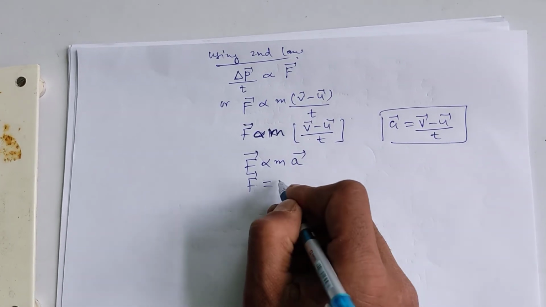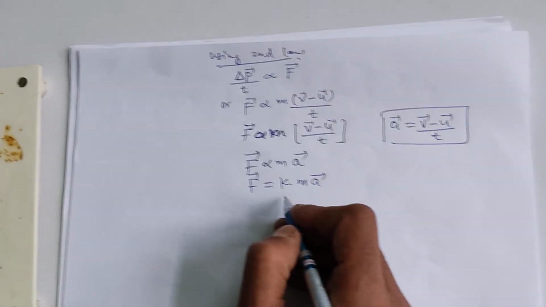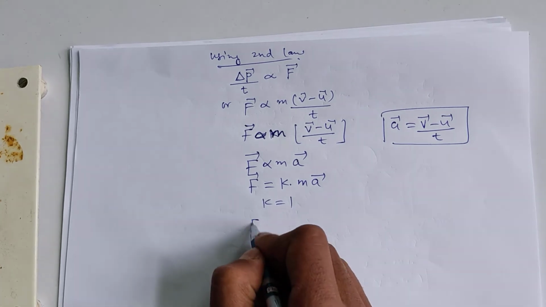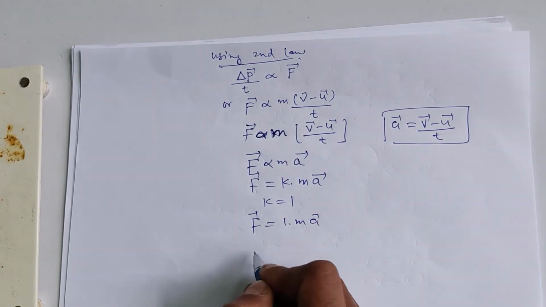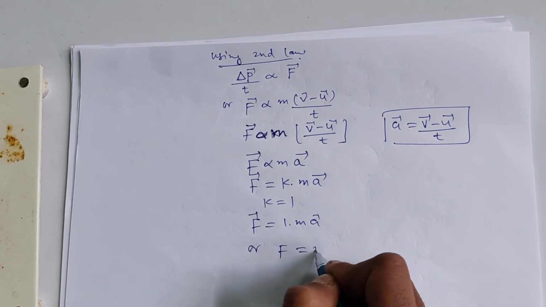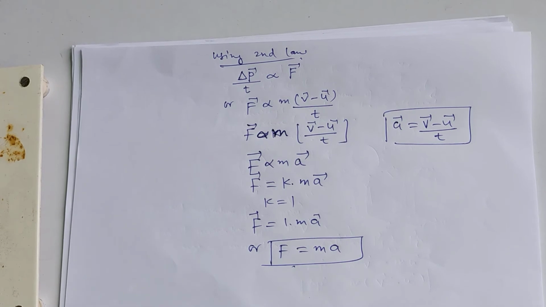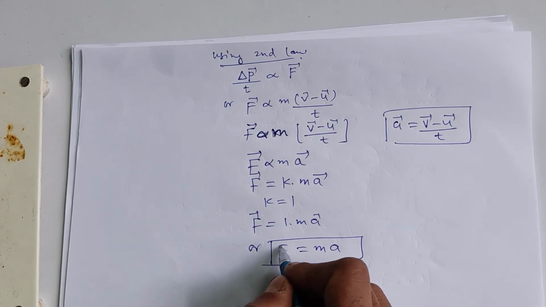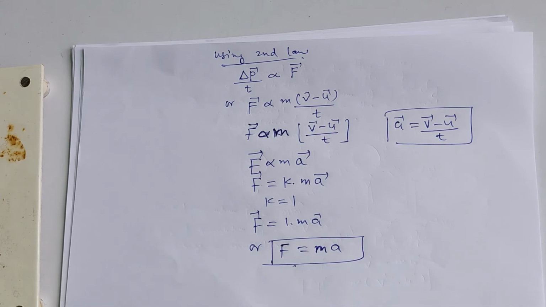It will be F is equal to k m a. The value of k has been found experimentally to be equal to 1. The final expression we get is 1 into m a, or F is equal to m a. So this is the expression which we got from Newton's second law. Newton's second law gives the measurement of the force, which is equal to the mass of the object times its acceleration.